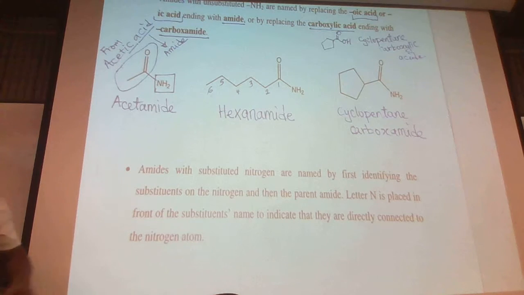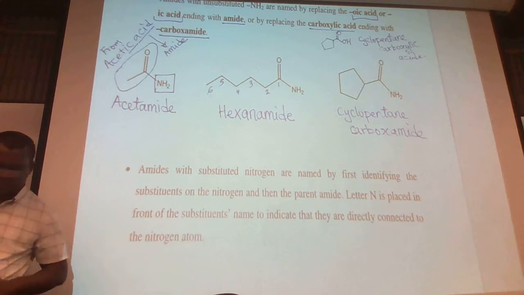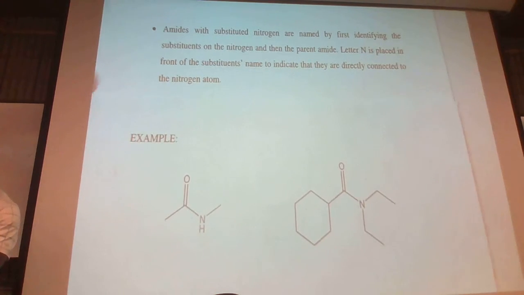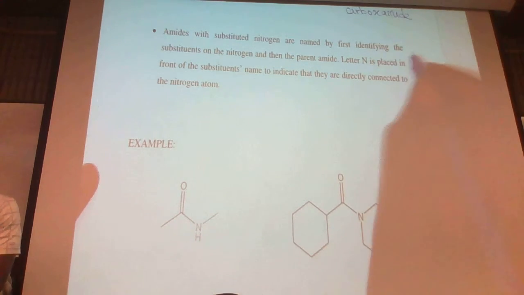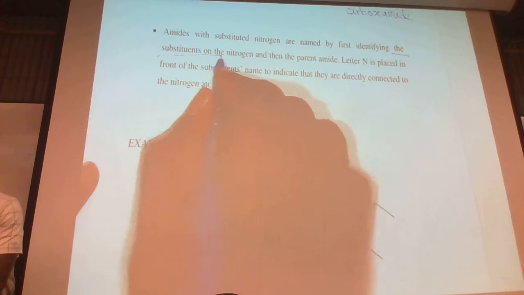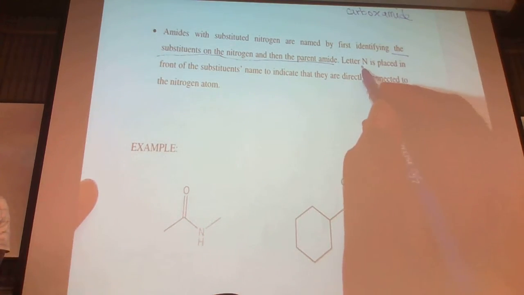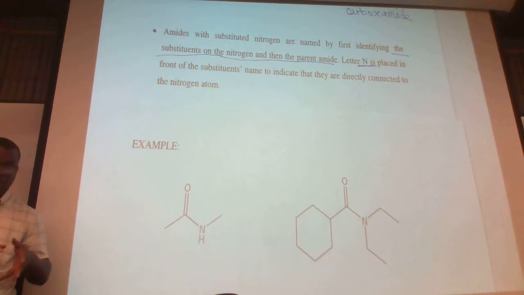All right. But if you have the amide group, if you have the nitrogen, instead of having NH2, if you have an alkyl group on that nitrogen, you have to identify those alkyl groups or whatever the substituent is that's on nitrogen, and you put the letter N in front of those substituents to indicate that they are sitting on the nitrogen.